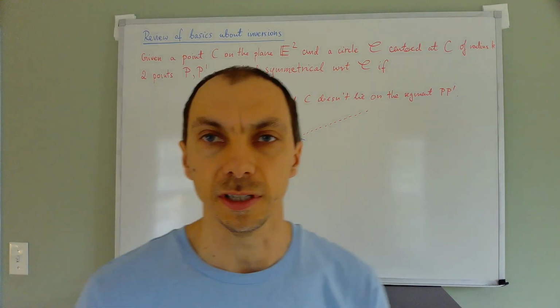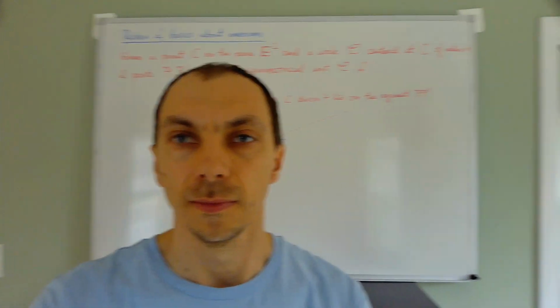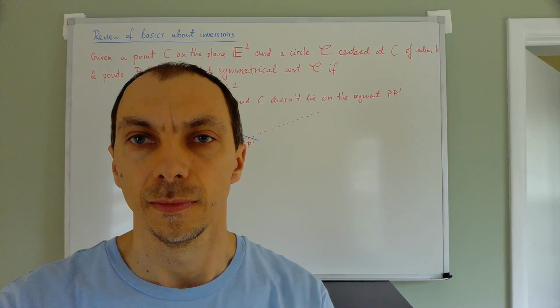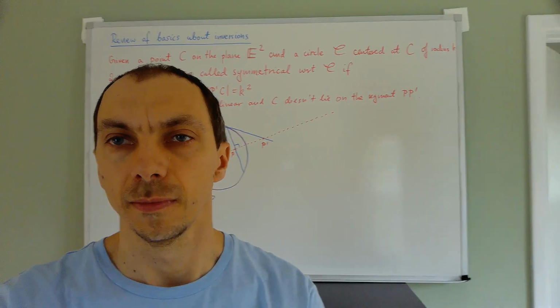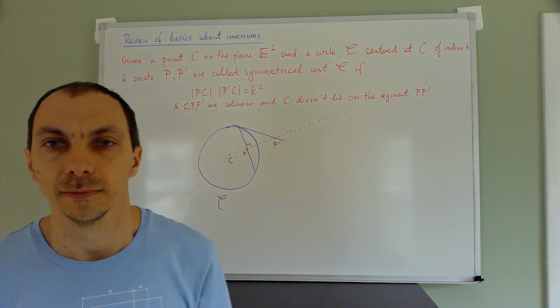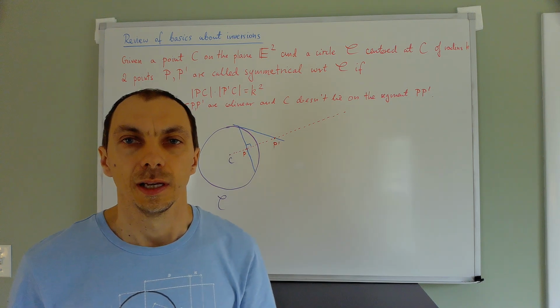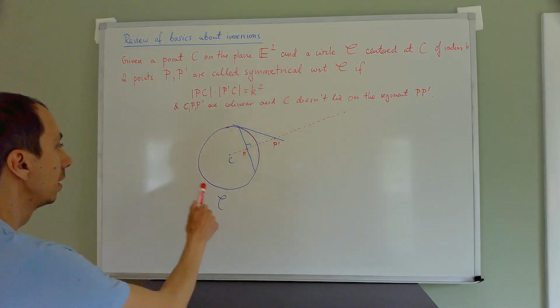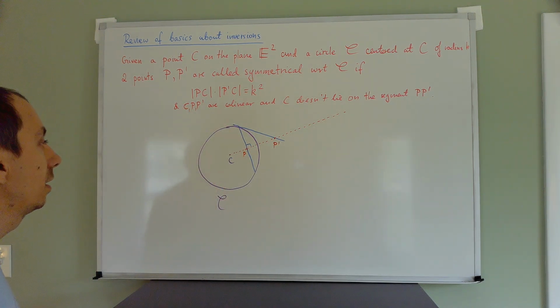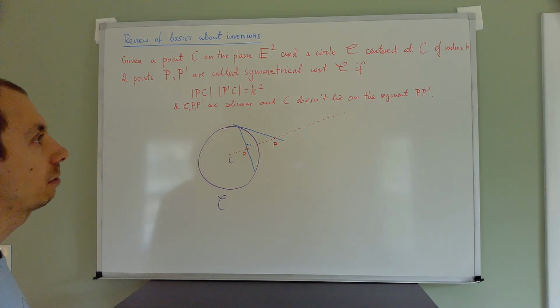That's a calligraphic C. The radius of the circle, calligraphic C, is K. And then we say that 2 points, P and P prime, are symmetrical with respect to K if two things are true.